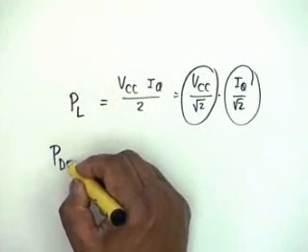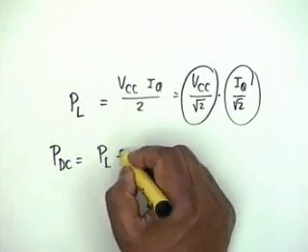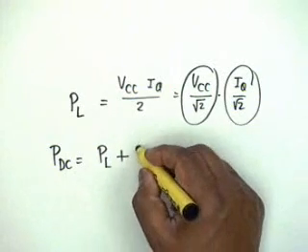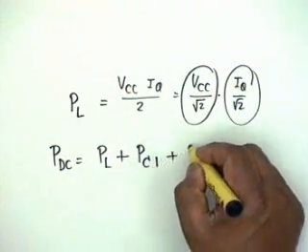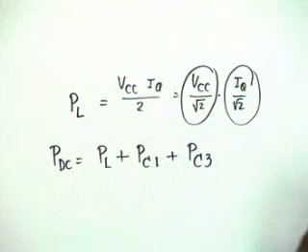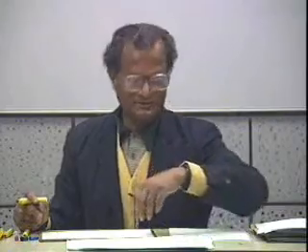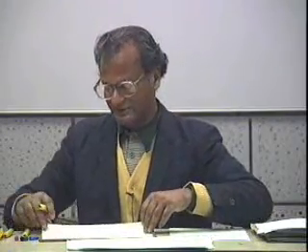And indeed PDC is equal to PL, the load power, plus the power dissipated in the transistor Q1 plus the power dissipated in the transistor Q3, and that checks. This is only to give you a physical picture of how the power is being distributed, distribution of power.